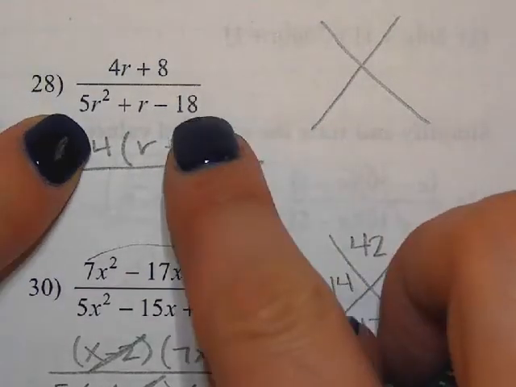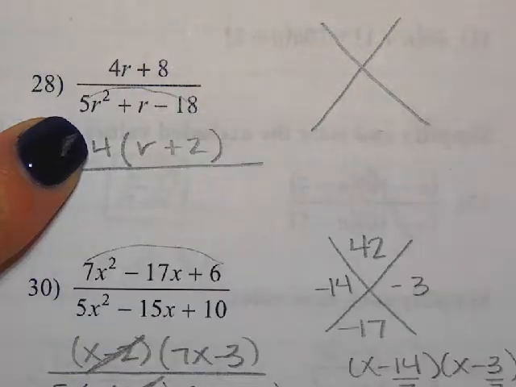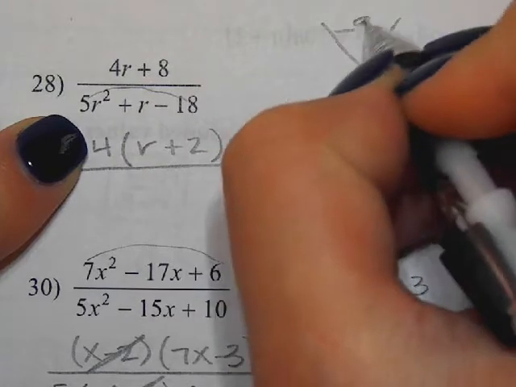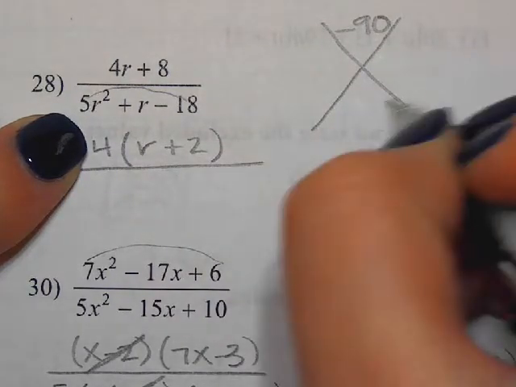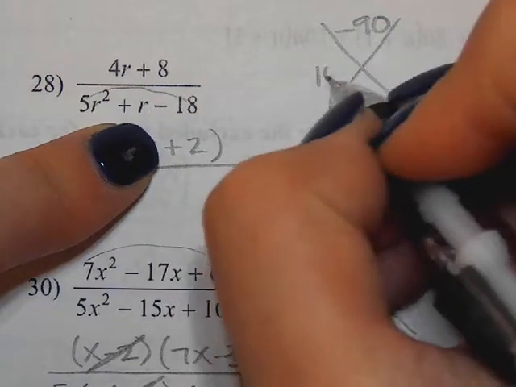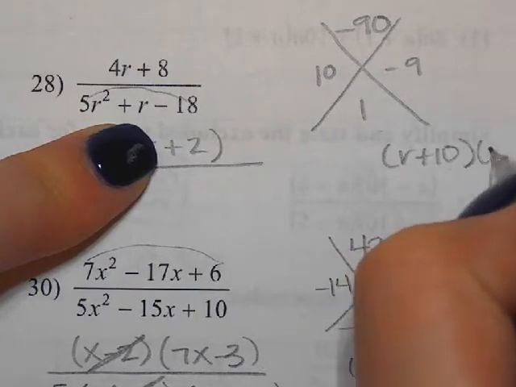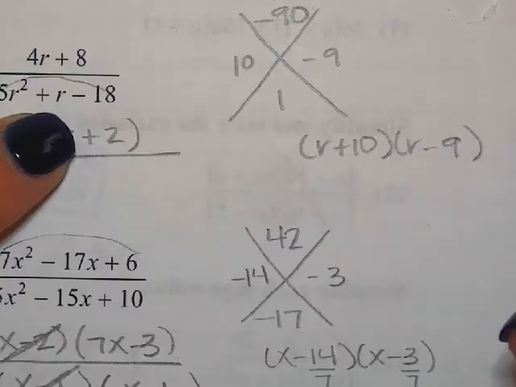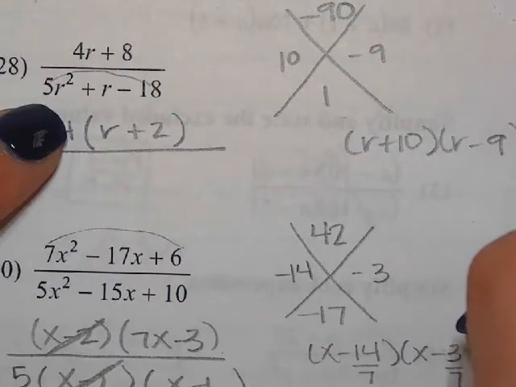On the bottom, this is another slide divide problem. So 5 times negative 18, negative 90. So we're looking for two things that multiply to negative 90, but add to a positive 1. 10 and negative 9. So we have r plus 10, r minus 9, but those are not the factors. We don't leave it like that. Divide by 5.